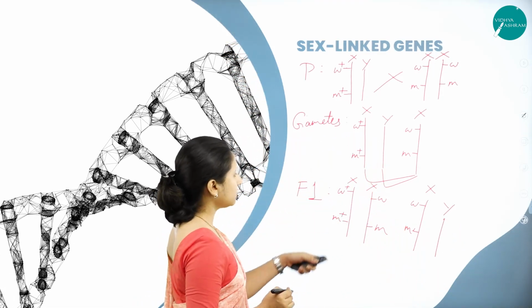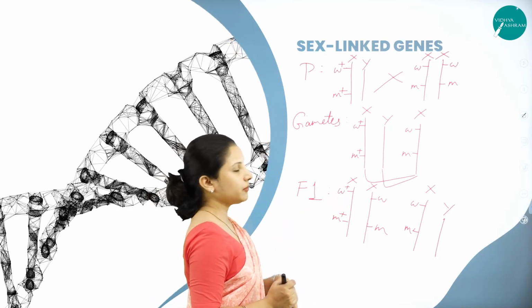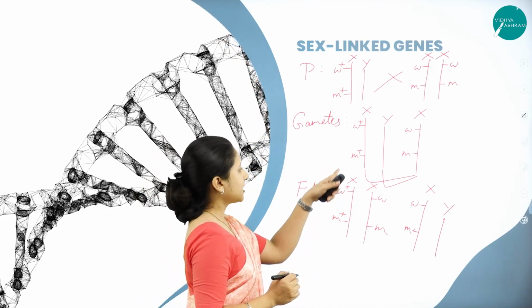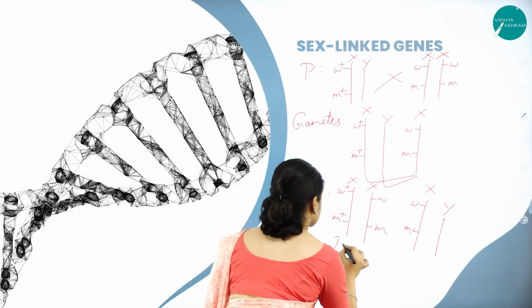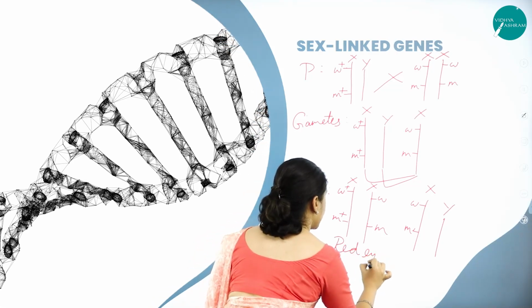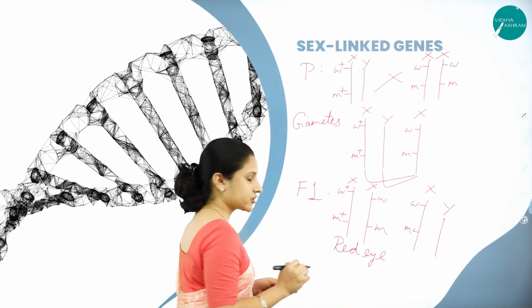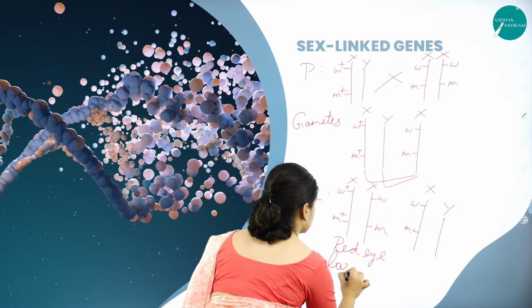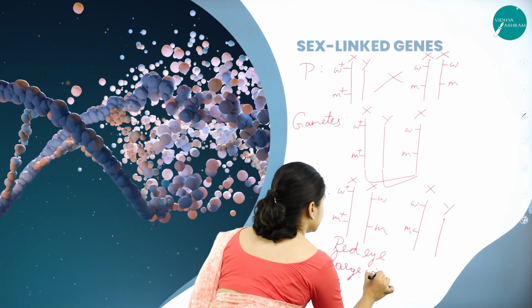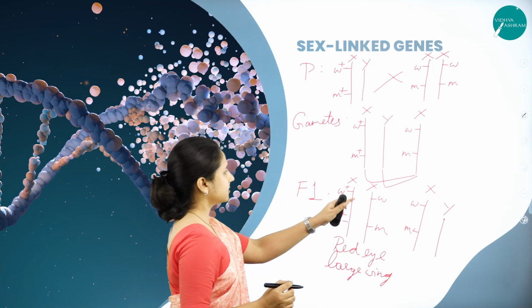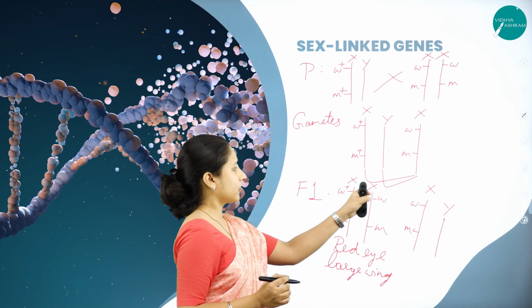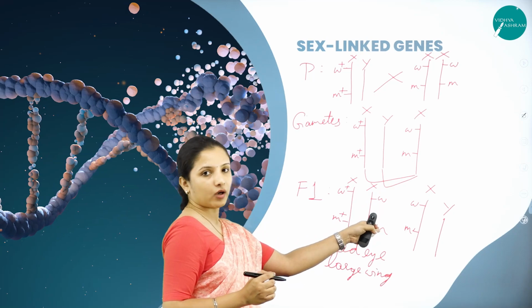So what we have now, in the female, they have the red eye, large wing. Why is it so? Because these genes or alleles are dominating over the other.